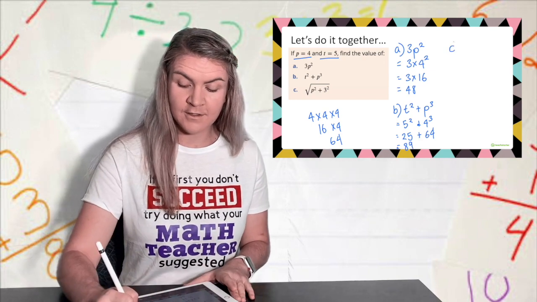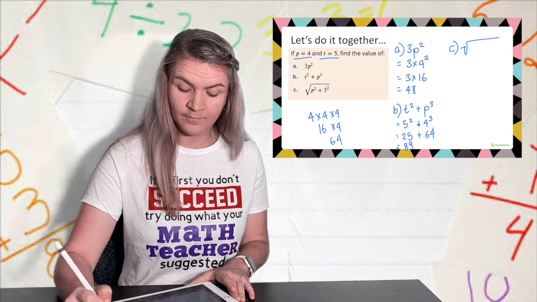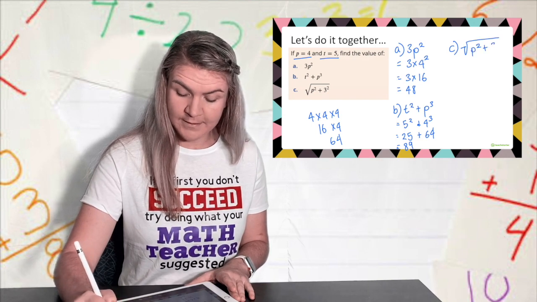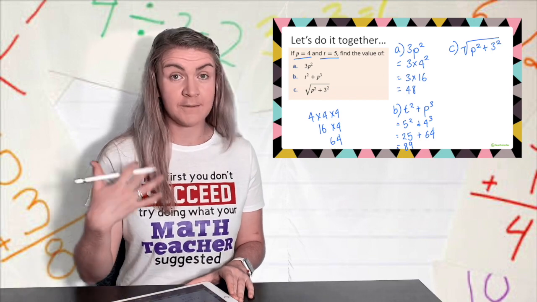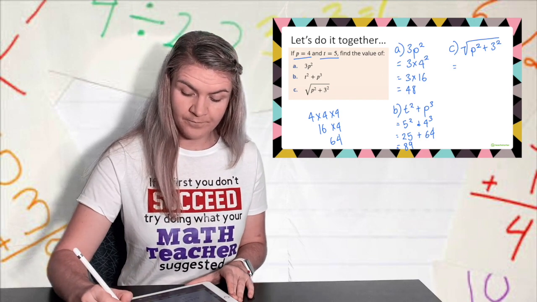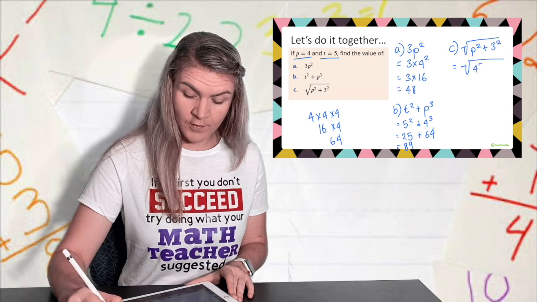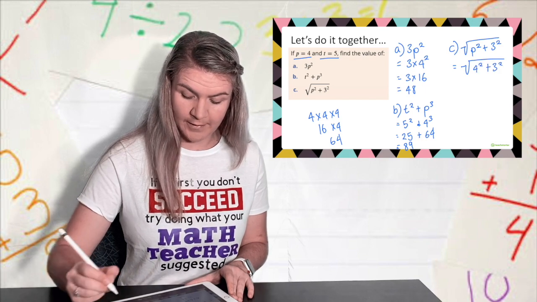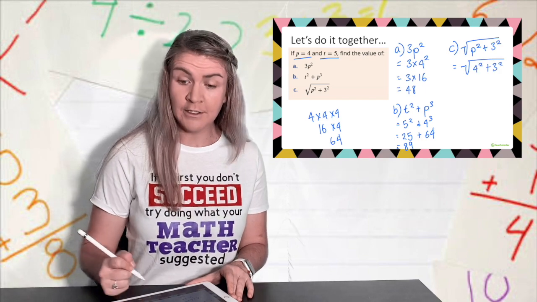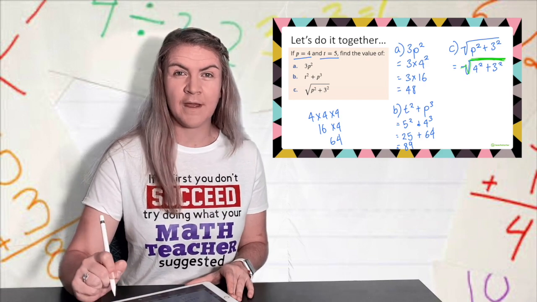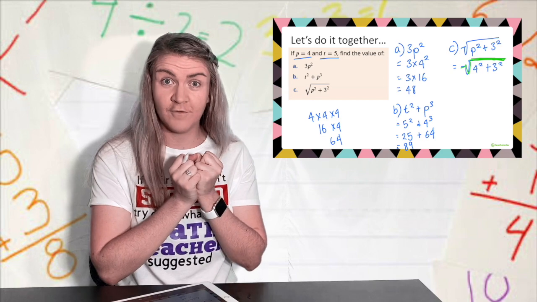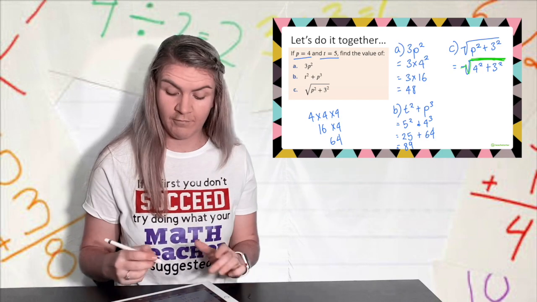And lastly, let's do this one with a square root. The square root of p squared plus 3 squared. Now we've got to substitute first. p equals 4. So 4 squared plus 3 squared. Now I want you to remember back to our square root days. If this bar is across the whole thing, that means you have to solve what's underneath first and then square root it after.